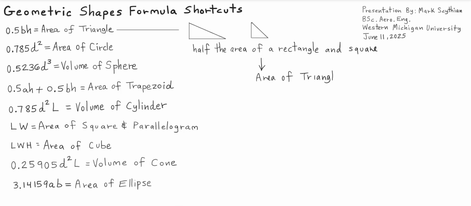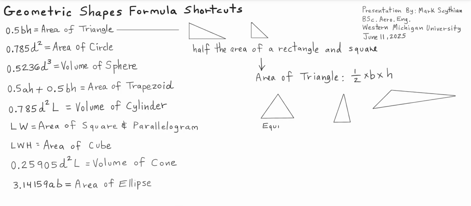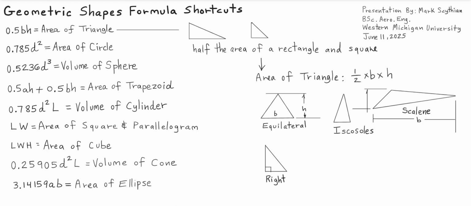But if we look at the area of all types of triangles, it's still going to be 1/2 base times height. So we took the equilateral triangle and then the isosceles triangle and then the scalene triangle and of course the right triangle. So we could identify the base and the height components of all 4.